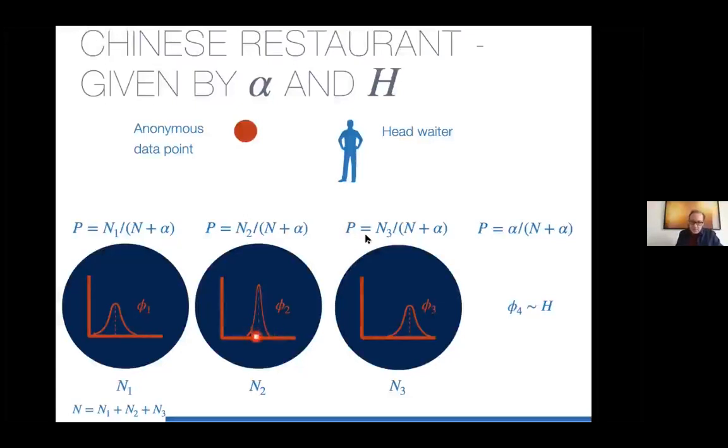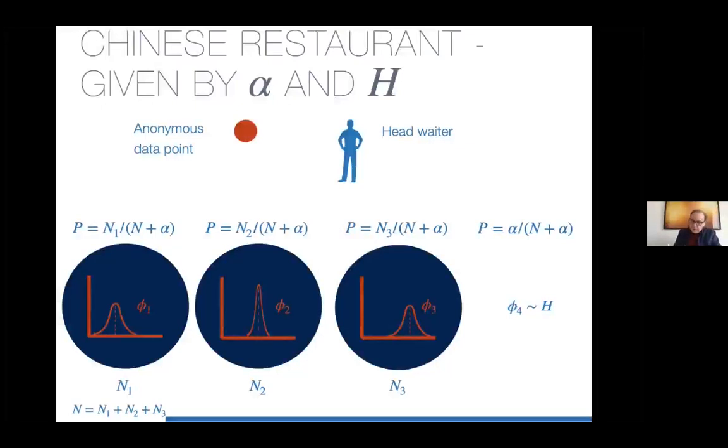And that's also smaller than if it's placed on this table. So the scheme is: the anonymous data point shows up, the head waiter places it at a table, and the data point gets an actual value from the distribution present at the table.